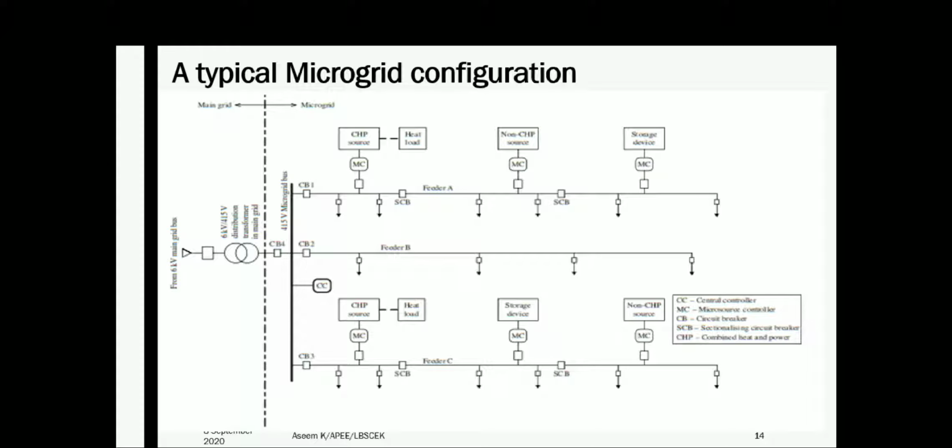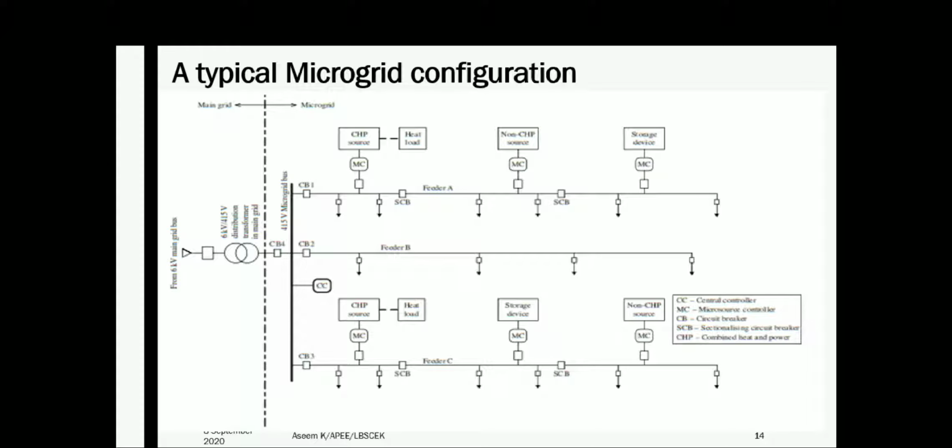From the left-hand side, the dotted line separates the main grid and the microgrid. On the main grid side you can see the transformer and circuit breaker, and on the microgrid side you can see a low voltage bus and three feeders, feeder A, feeder B and feeder C. In each feeder there are micro sources connected, that is the distributed energy resources, and loads are connected.